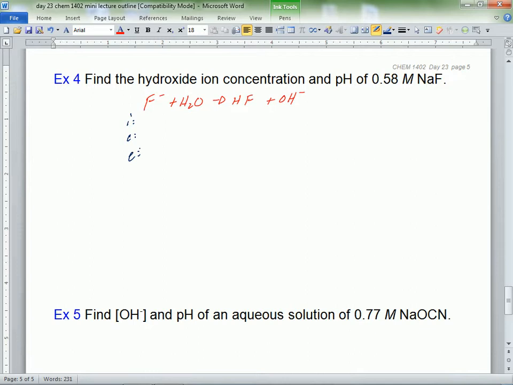Kb is products over reactants. So solve for your Kb and get its number. Then it's just products over reactants.